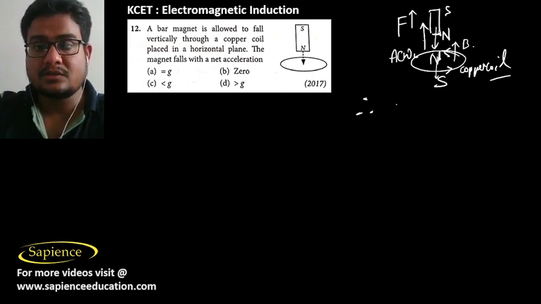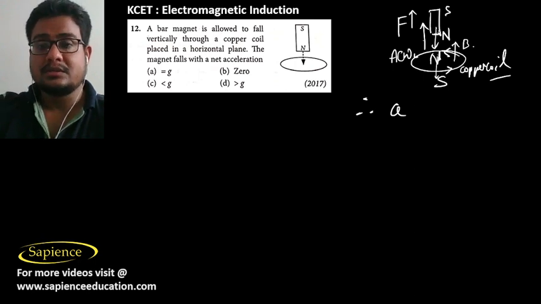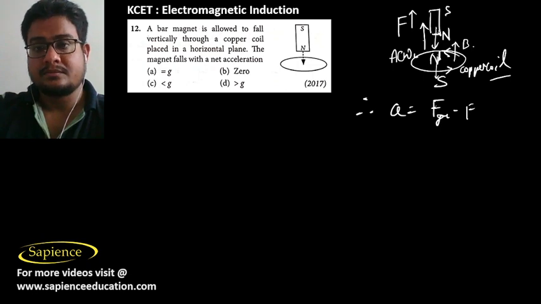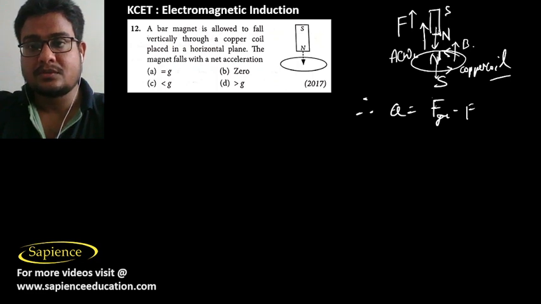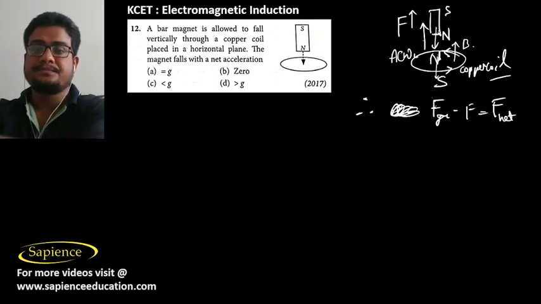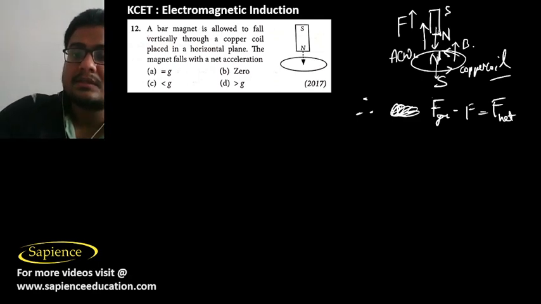Therefore, the net acceleration of the magnet will be equal to the gravitational force minus the repulsive force. This is equal to the net force on this magnet vertically downwards. The net force on this magnet vertically downwards will be the gravitational force minus the force due to the repulsion.